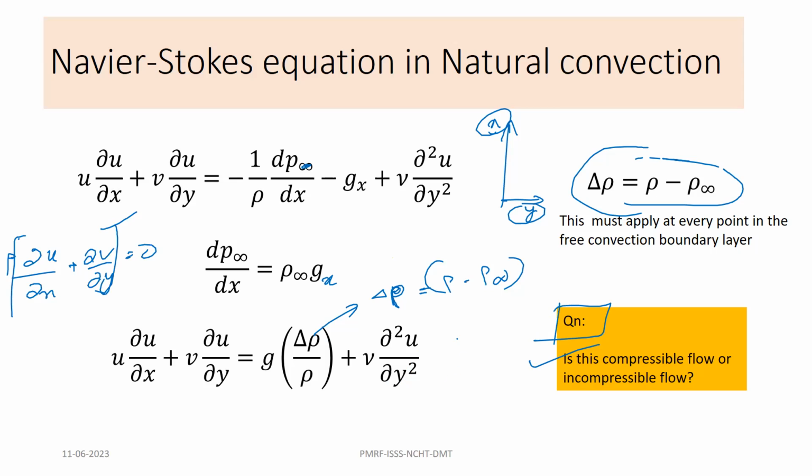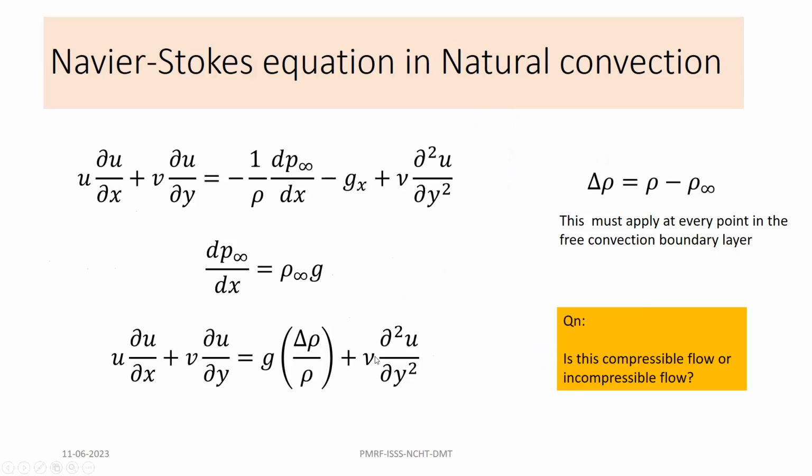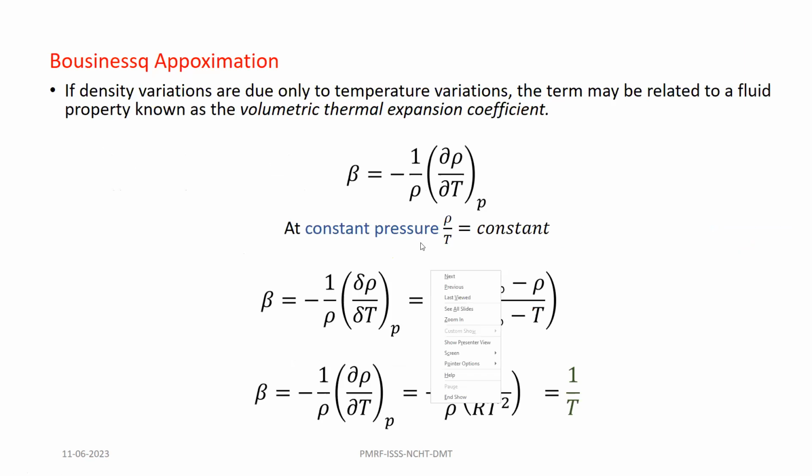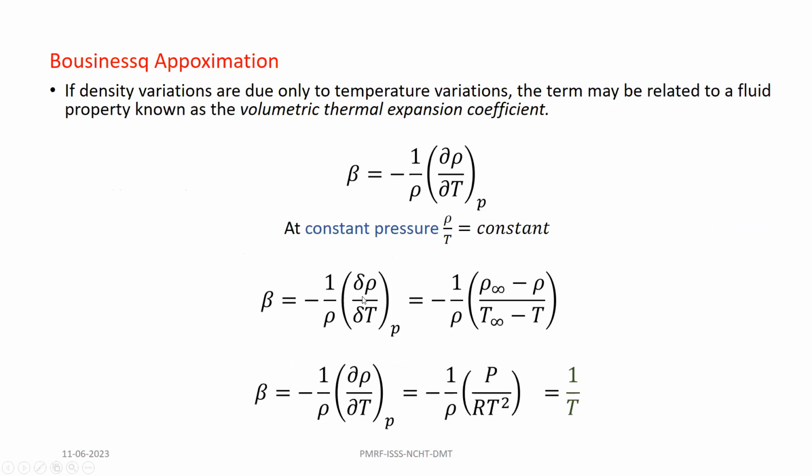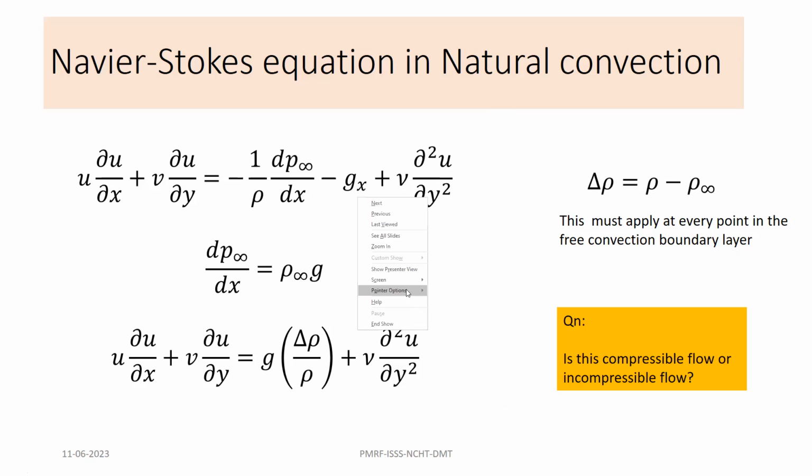So in natural convection, you should understand that density is assumed to be constant except in the buoyancy term. So this is called the buoyancy term. This is actually contributing to our buoyancy term, which I will explain.